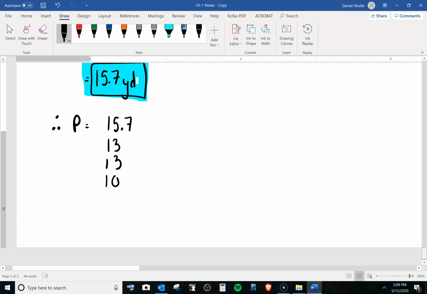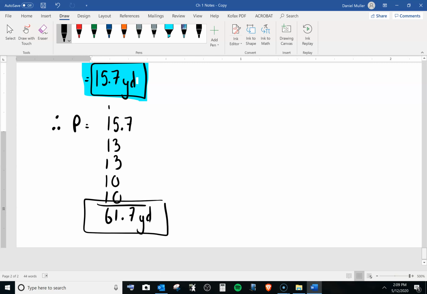I'll make those 2 5s another 10 because I'm running out of room. So I get a 0.7. 5 plus 6 is going to be 11. And then 1, 2, 3, 4, 5, 6. So 61.7 yards. That is my final answer.